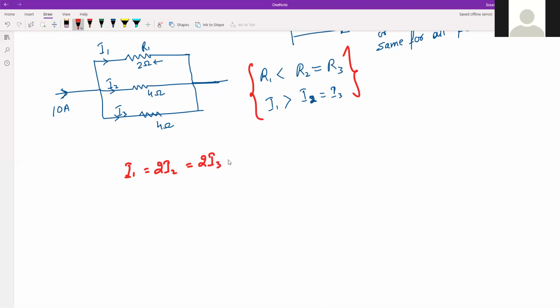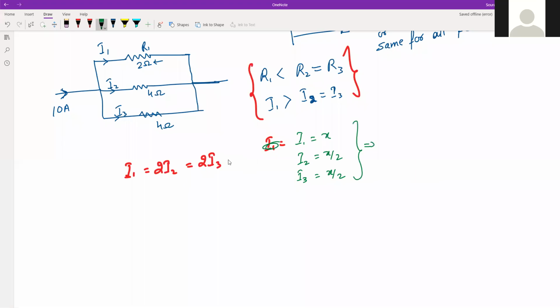This is the ratio in which the current will be divided. If I1 is equal to X, I2 is equal to X by 2, and I3 is equal to X by 2. That must be clear: resistance is double, so the current will be half.